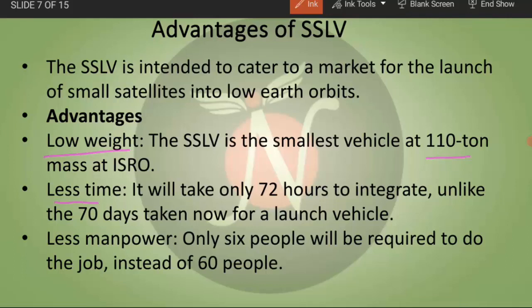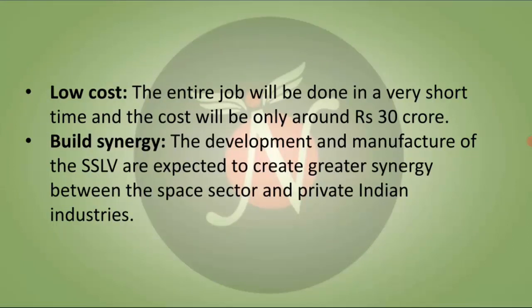It also takes less time. It will take only 72 hours to integrate, unlike the 70 days taken now for a launch vehicle. Then less manpower is required. Only 6 people will be required to do the job instead of 60 or more. Now there is low cost. The entire job will be done in a very short time and the cost will only be around 30 crores.